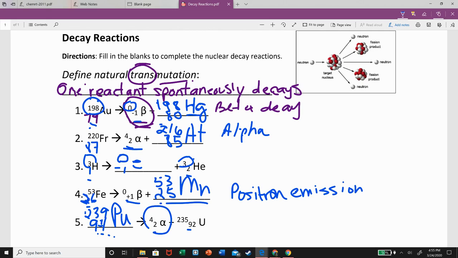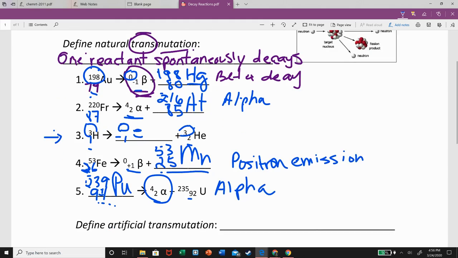It's going to be alpha decay because it's releasing an alpha particle. So notice that the mass decreases by 4, the atomic number decreases by 2. In the beta decay, which is a little bit weirder, right, the mass stays the same, the atomic number increases by 1. Okay, so let's keep moving on.